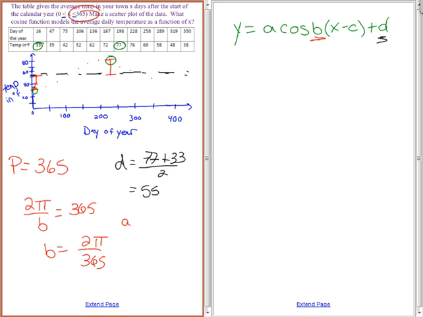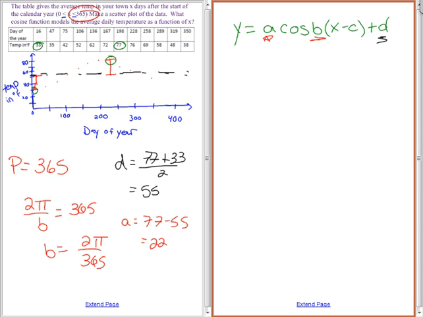Therefore, my A value is just your max minus your midline, or your midline minus your min. Either way you want to do it is fine. So therefore, I end up getting A is 22.